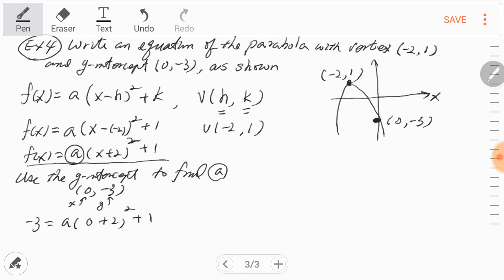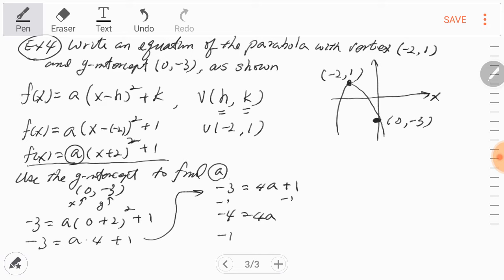So from this equation, let's find a. So negative 3 equals, okay, a times 2 squared is 4, plus 1. Then negative 3 equals 4a plus 1. Minus 1 each side. Then negative 4 is equal to 4a. Divide each side by 4. So negative 4 over 4 is equal to a, negative 1. So what is a? A equals negative 1.